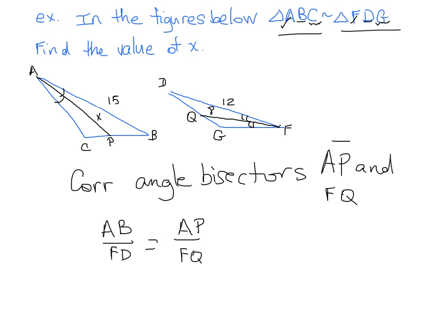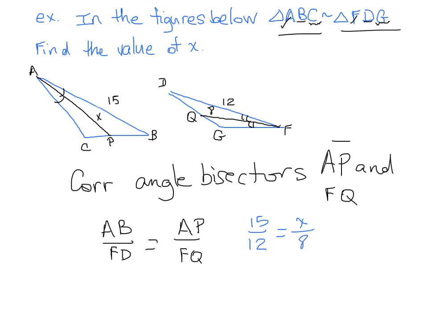So we can go ahead and fill in our values. So AB is 15 over FD, which is 12, is equal to AP, which is X, what we're trying to find, over FQ, which is 8.